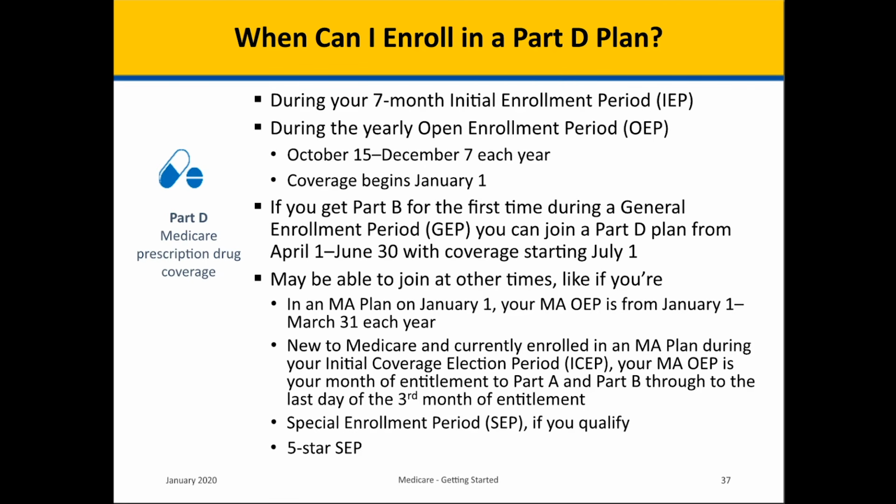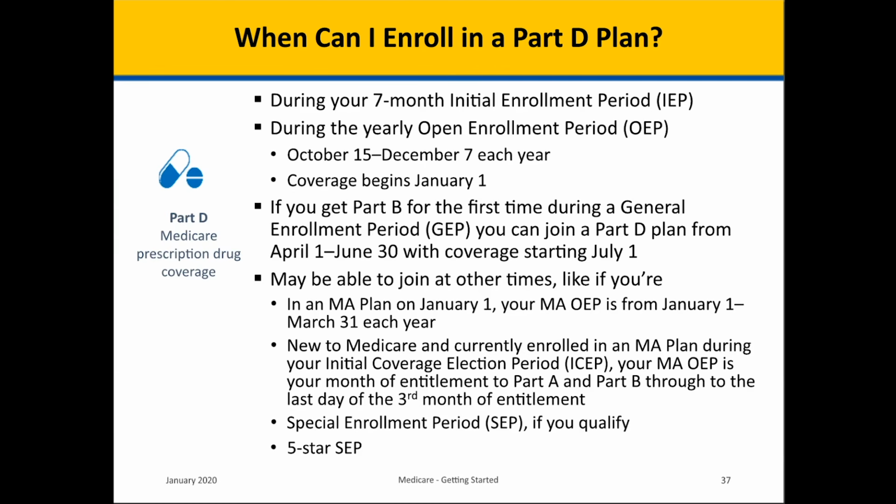Beginning last year, if you have extra help, you no longer have a continuous SEP. It used to be, before last year, you could change plans as often as monthly for those with extra help. I probably would never have recommended that, but beginning in 2019, you can change plans once per quarter in the first 3 quarters of the year.